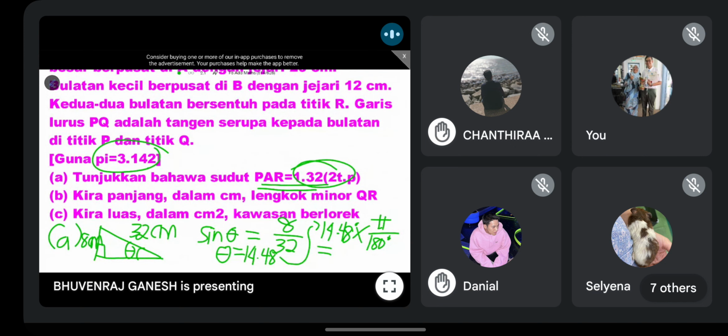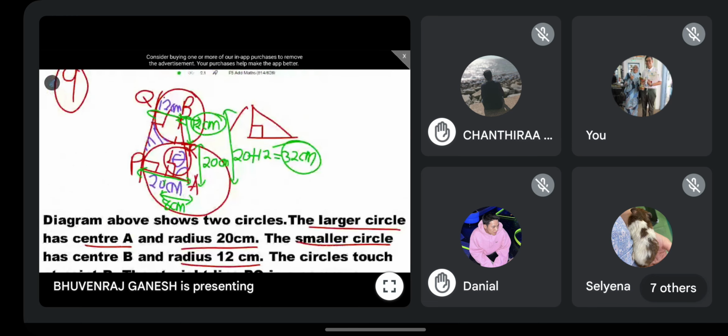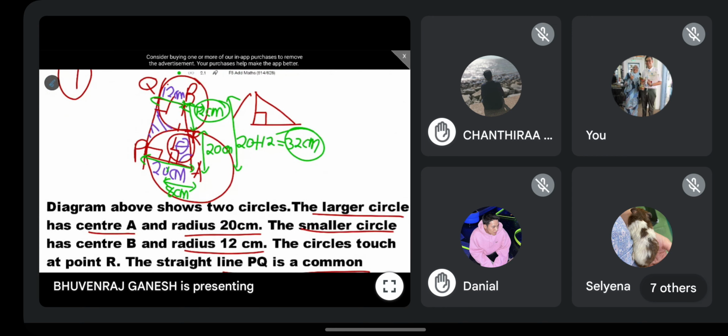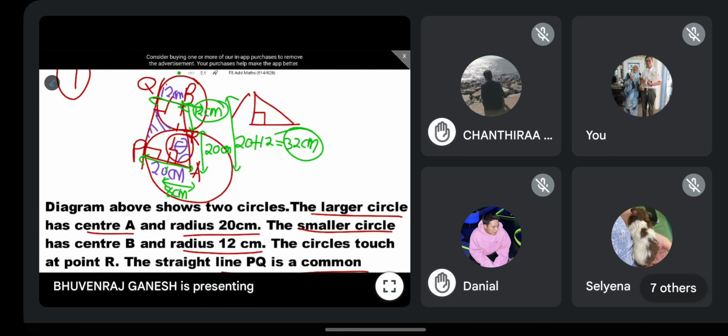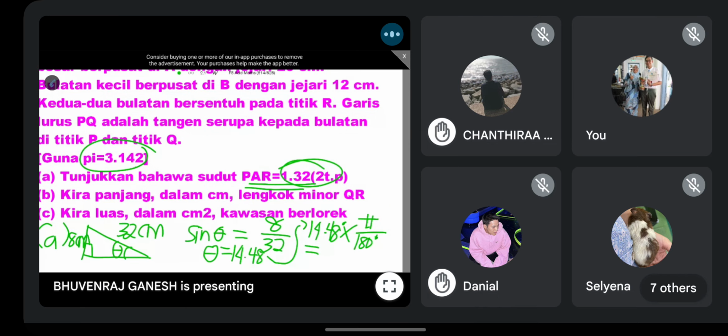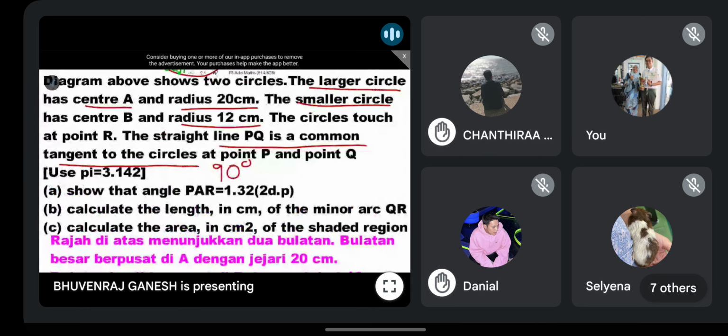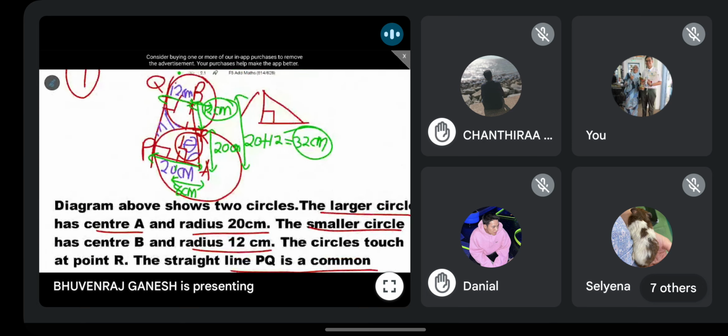Mungkin saya buat silap kat sini. 3.142 over 180. Macam betul saja. I think the question is wrong lah. Saya fikir jawapan yang mereka bagi tu salah kot.